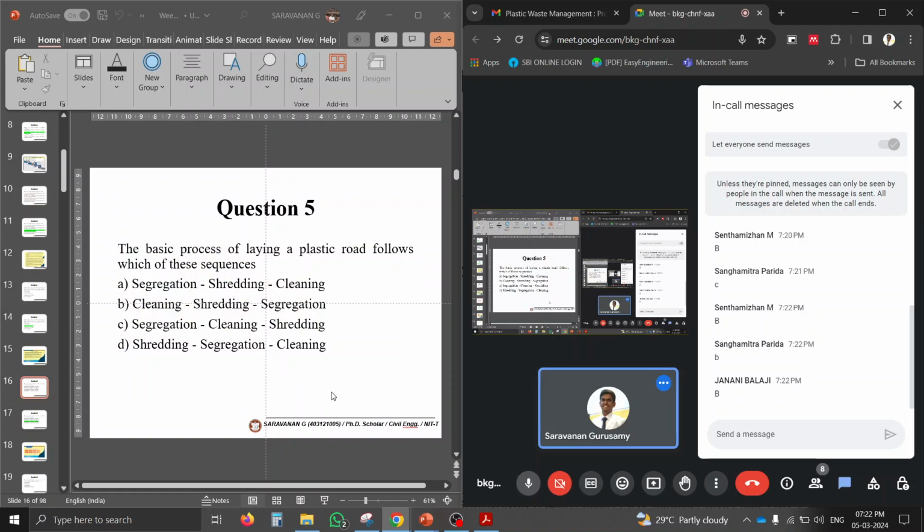Okay, moving on to the next question. The basic process of laying of plastic road that we have discussed 5 minutes back: segregation, shredding, cleaning, how to arrange?